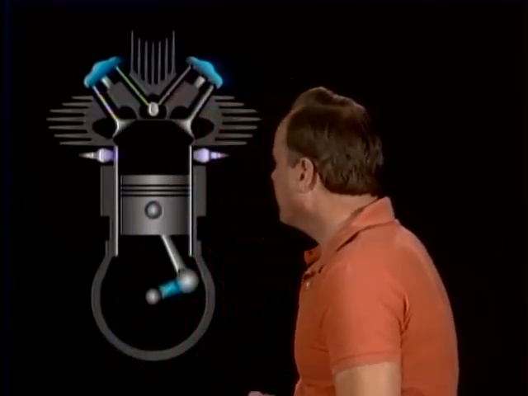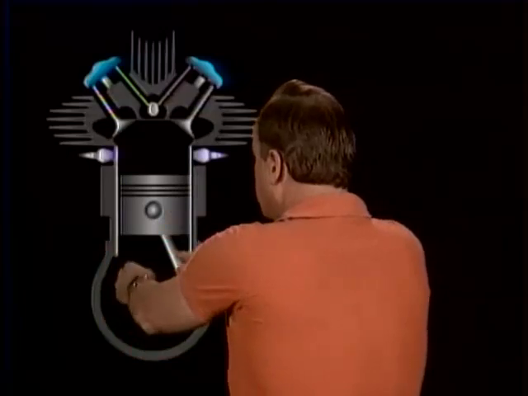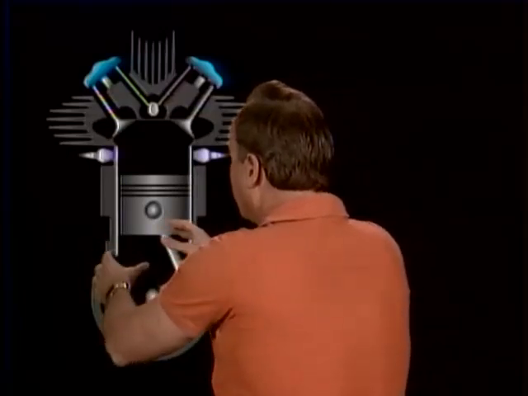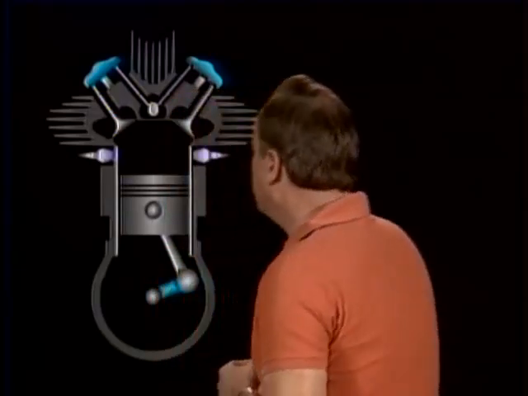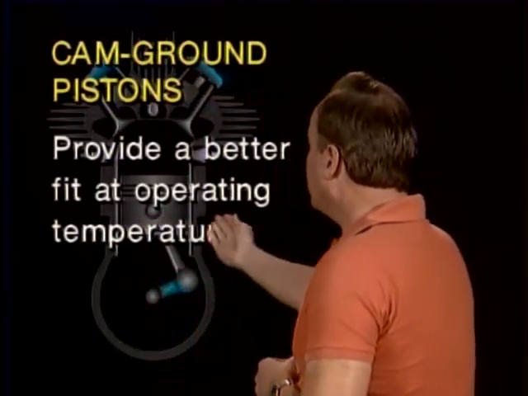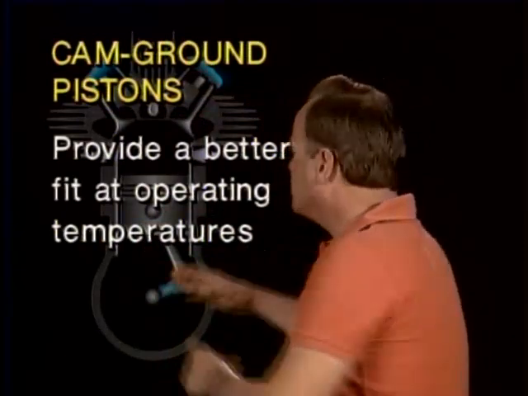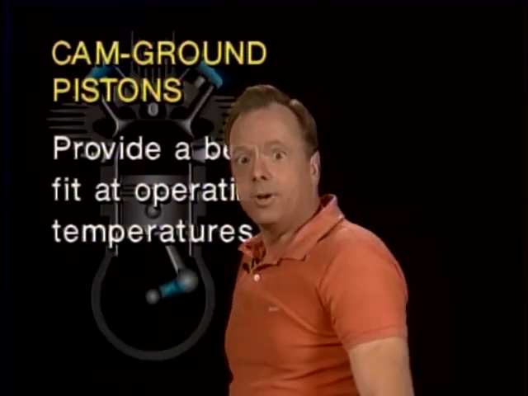Well, on pistons with skirts that hang down on one part but not on another part, the skirts cause the piston to heat and cool unevenly. So when the piston gets to operating temperature, if it's cam ground and has skirts, it now will be round. And so the reason you have cam ground pistons is to provide a better fit at operating temperatures because it becomes round at operating temperatures.